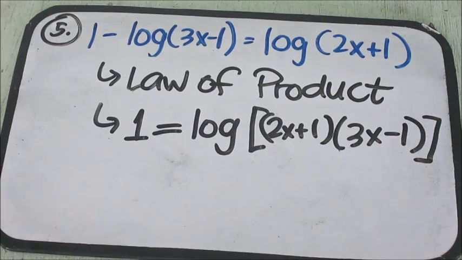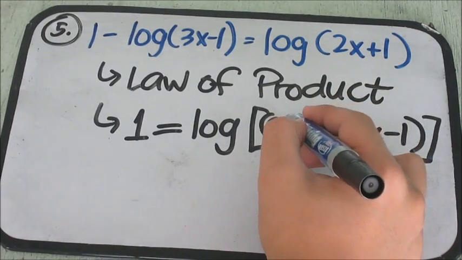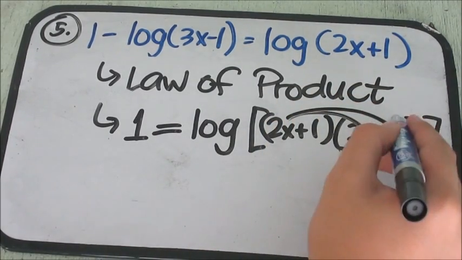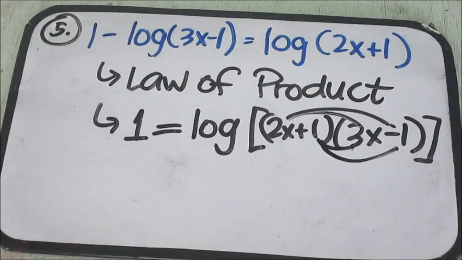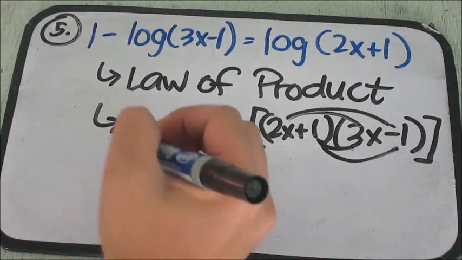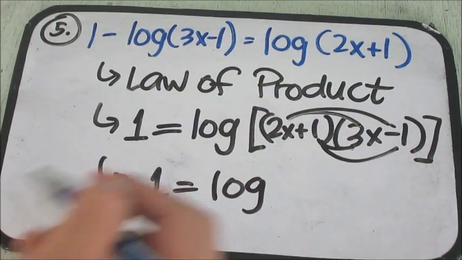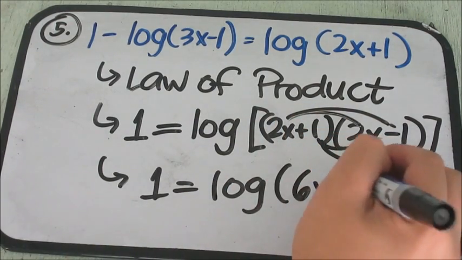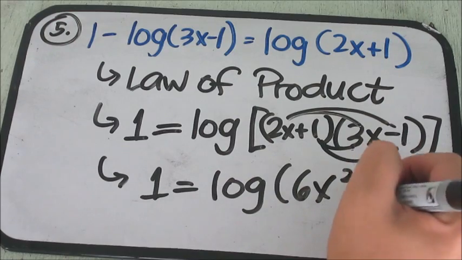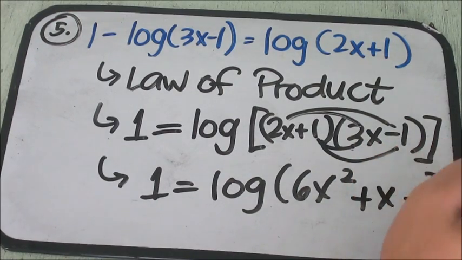And then we will just use the FOIL method. So multiply this and then this. So we will arrive at 1 is equal to logarithm of 6x squared plus x minus 1.